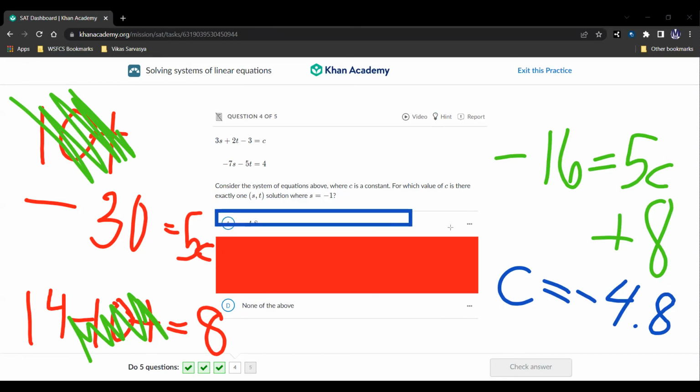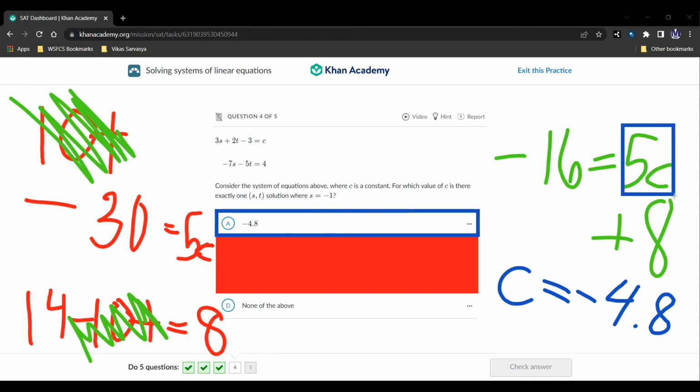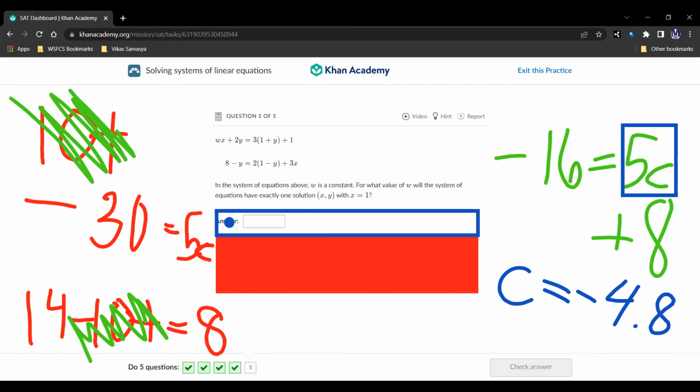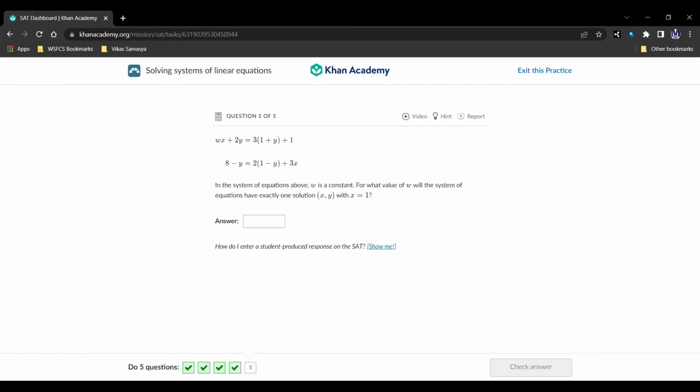The first time, we didn't use 5c right here, we just used c. So you have to be careful when you're looking at all of this to make sure that you're actually figuring out the right thing. Because of what we've seen, our answer is going to be A. And let's move on. All right, next question.